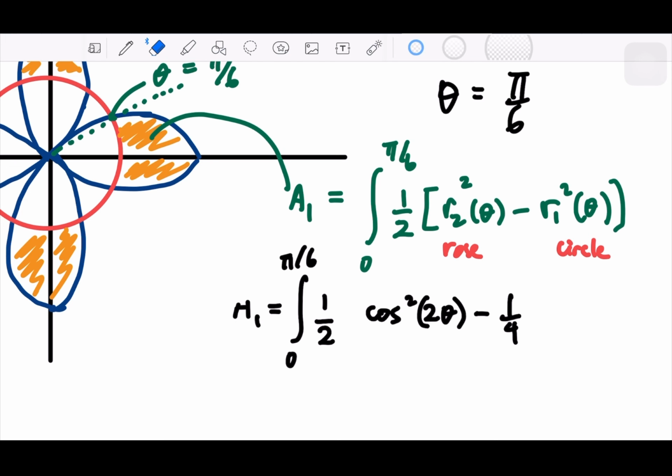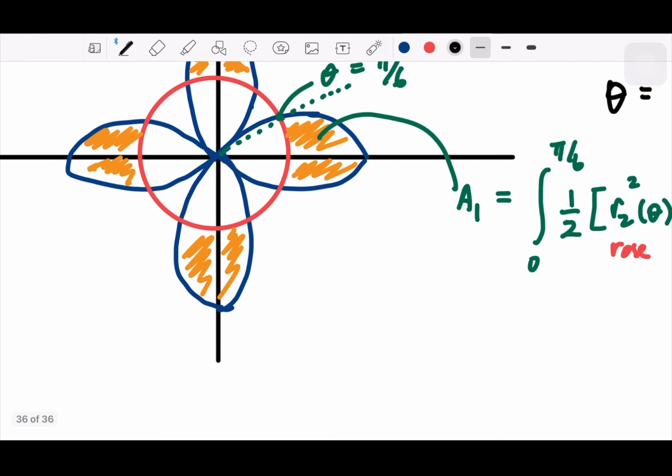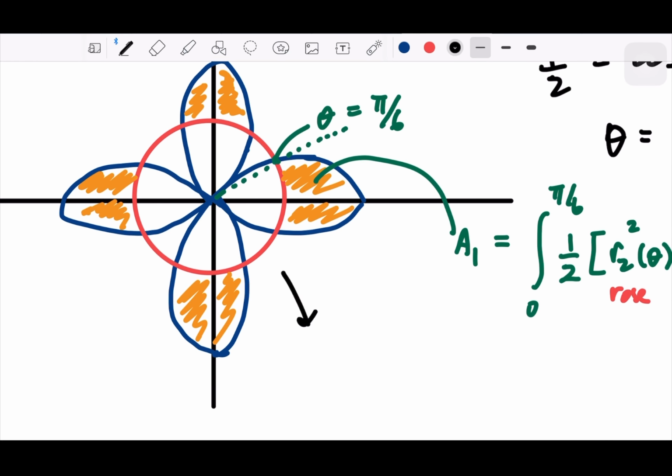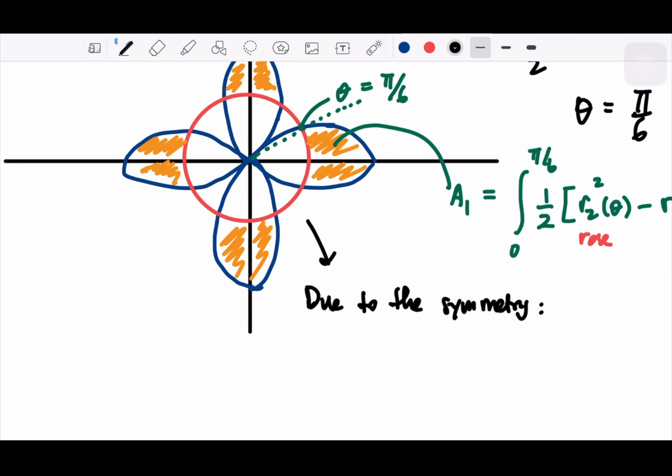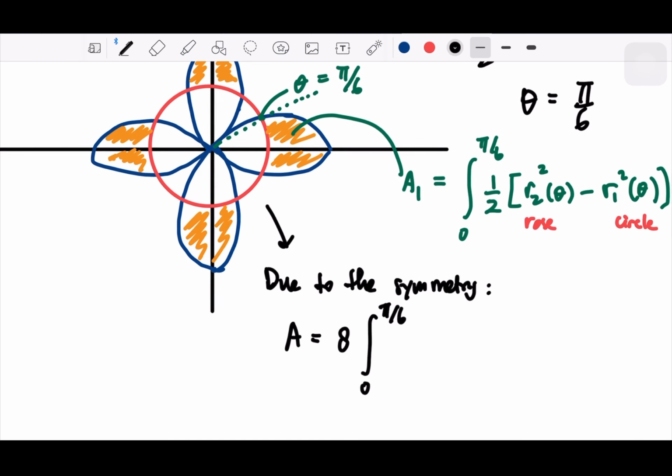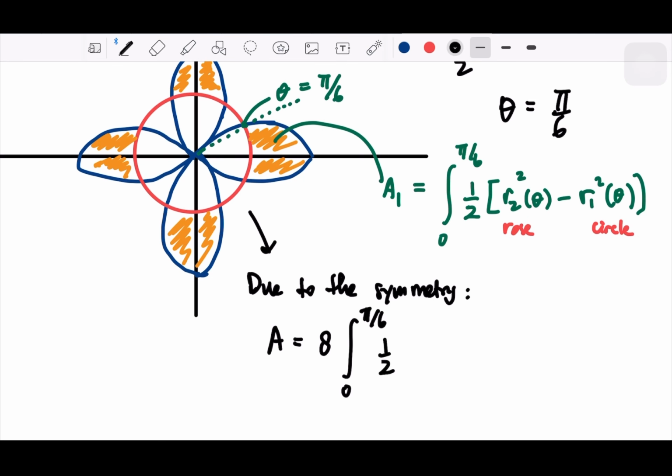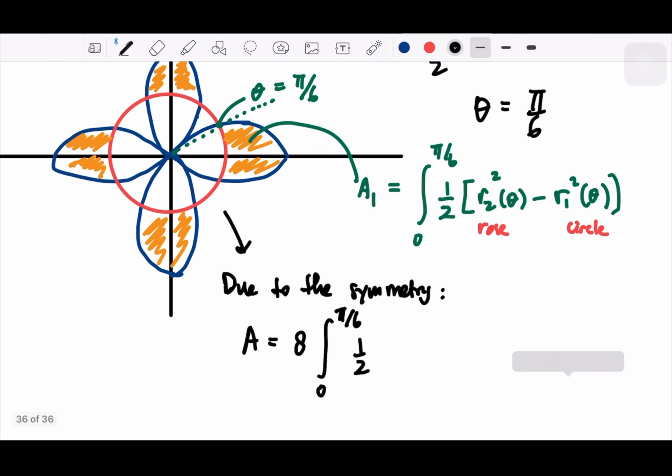Or maybe I will write directly to multiply by 8 times. Because of symmetry, we can write the total area as 8 multiplied by the integration from 0 to pi over 6 of half times cos squared 2 theta minus 1 over 4 d theta.